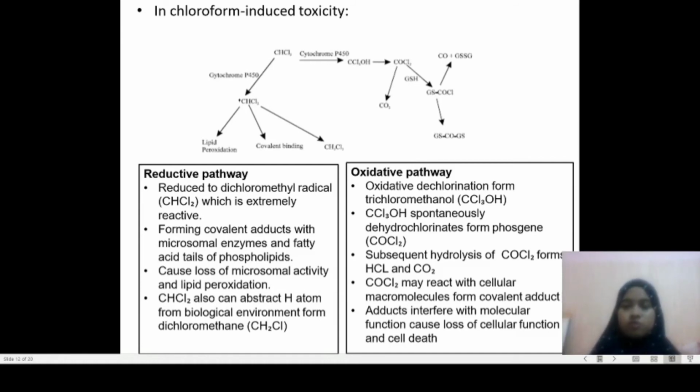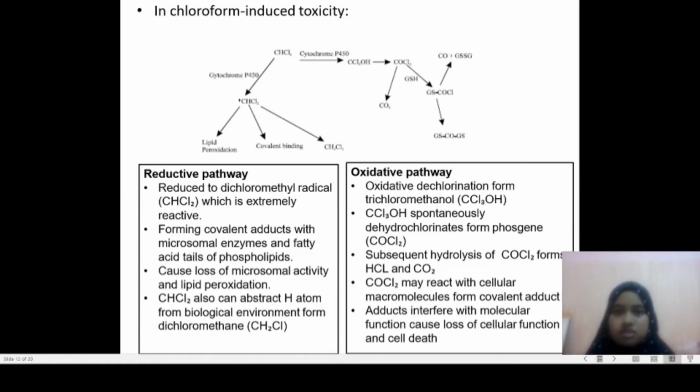Then in the oxidative pathway, the chloroform will be oxidized by the renal cytochrome P450 isoenzymes such as CYP2E1 and form trichloromethanol, CCl3OH. Then the trichloromethanol will spontaneously dehydrochlorinate and form the phosgene, which is COCl2.